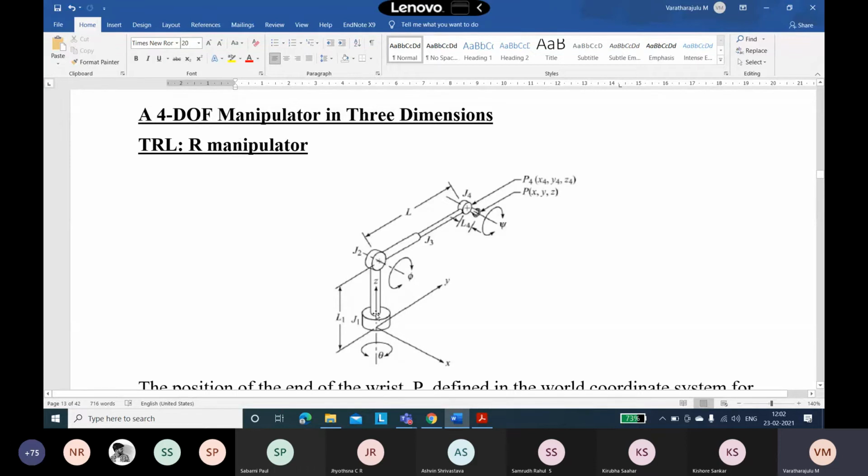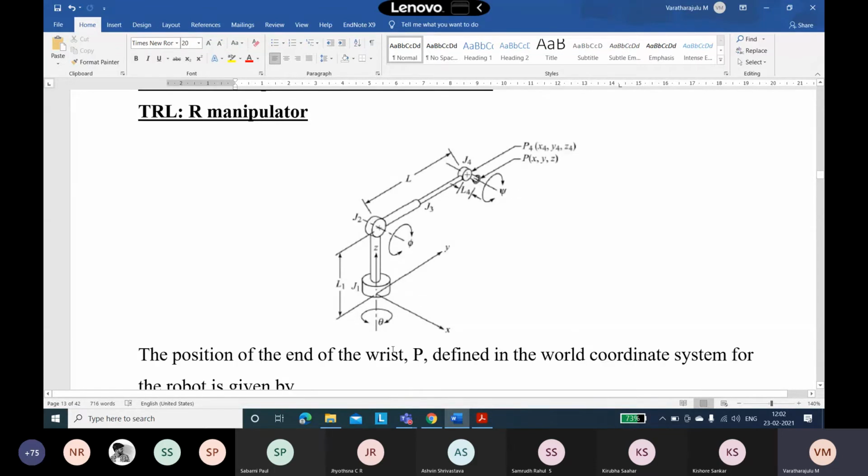Here we have joint 1, and here joint 2, joint 3, and joint 4. The manipulator has 4 degrees of freedom. Joint 1 is a T type joint, which allows rotation about the Z axis. Joint 2 is an R type, which allows rotation about an axis perpendicular to the Z axis.